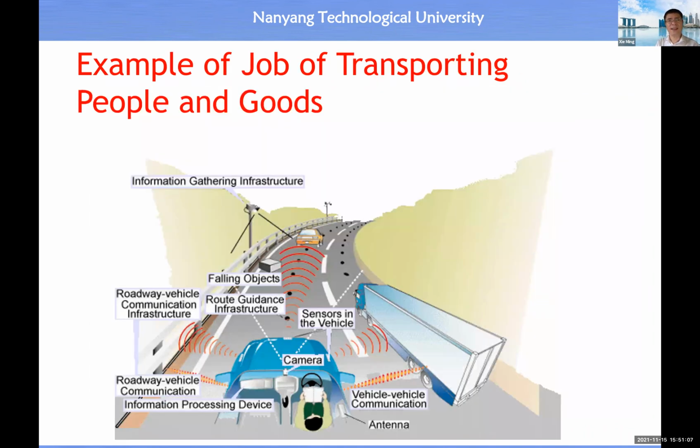And this picture shows you the transportation job in which we could deploy a mobile robot or high-speed mobile robot to undertake the task of transporting people, transporting goods, etc.